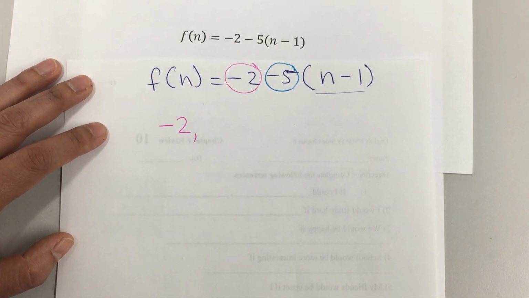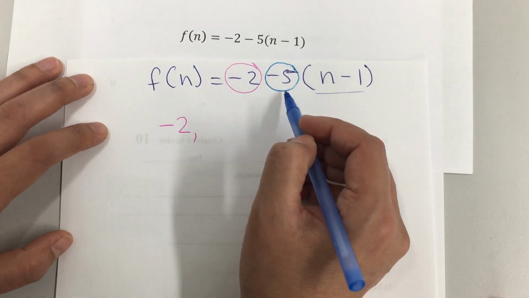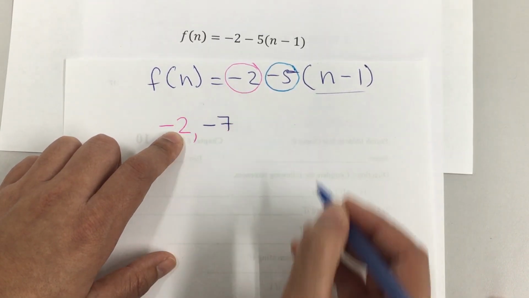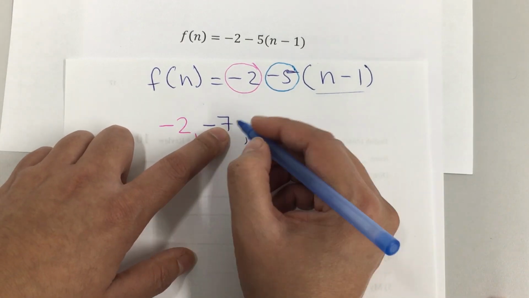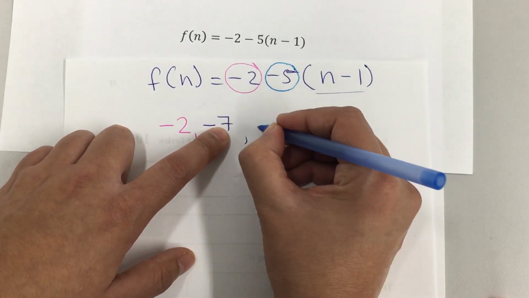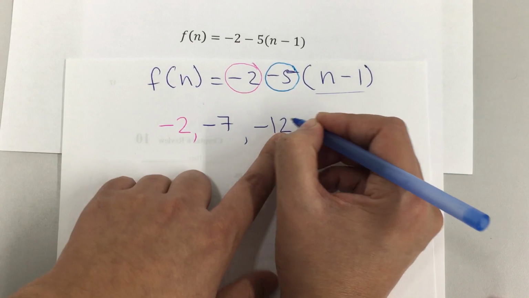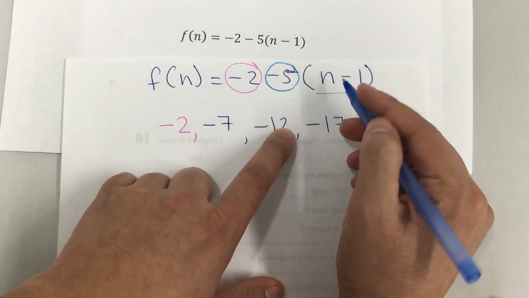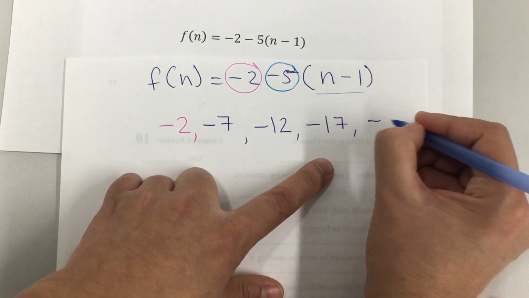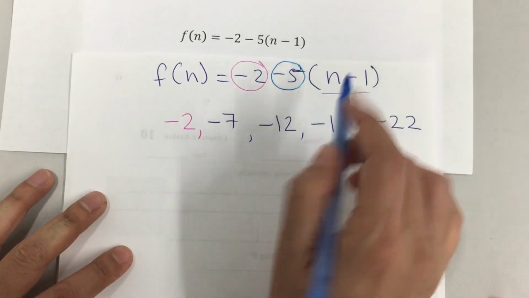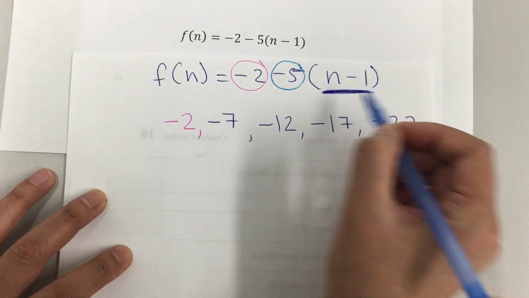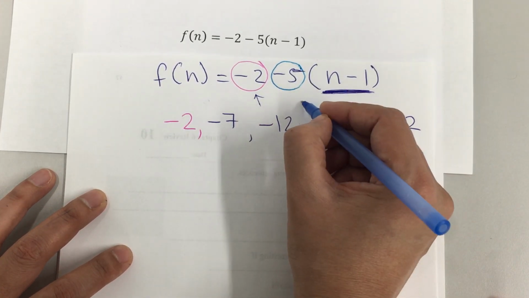For the second term, all I have to do is subtract 5 from that, so it's negative 7. Subtract 5 from that, which is negative 12. Subtract 5, which is negative 17. Subtract 5, which is negative 22. This is only because I already have n minus 1, which shows me the initial point and pattern.